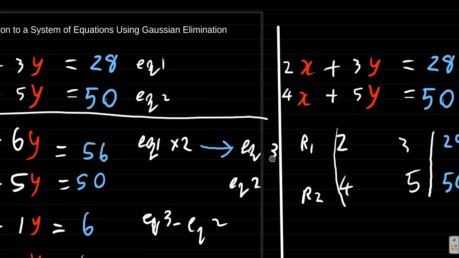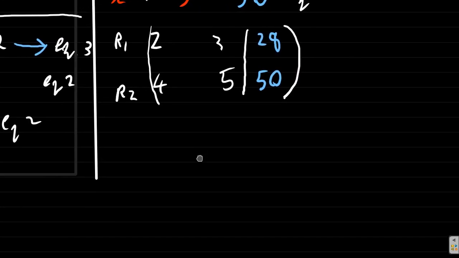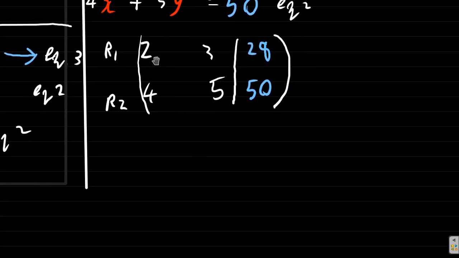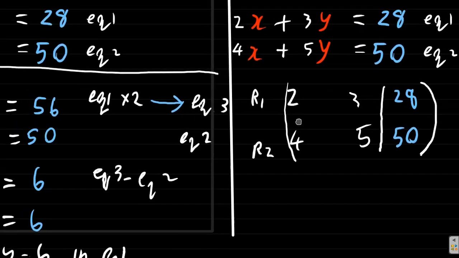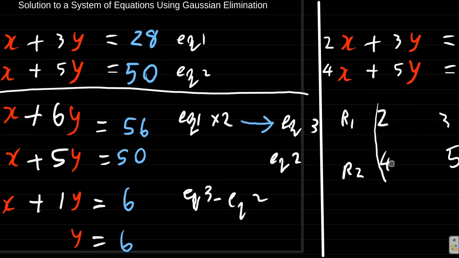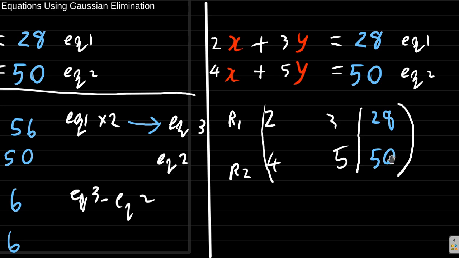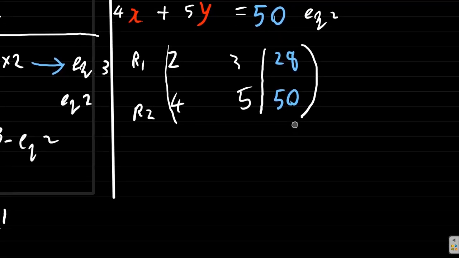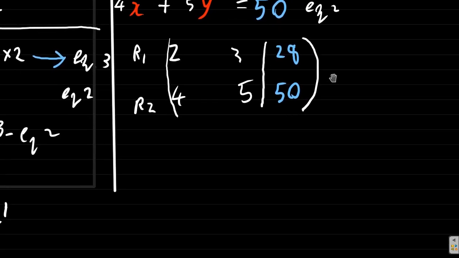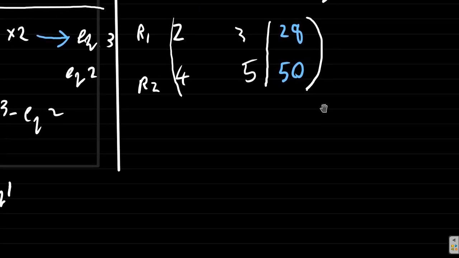Now, remember, we had multiplied equation 1 by 2. Now, instead of equation, we say row. We know that this is 2x plus 3y, and 4x, 5y equals 28 and 50. You just get rid of the x and the y and all the equal signs to make it much cleaner.